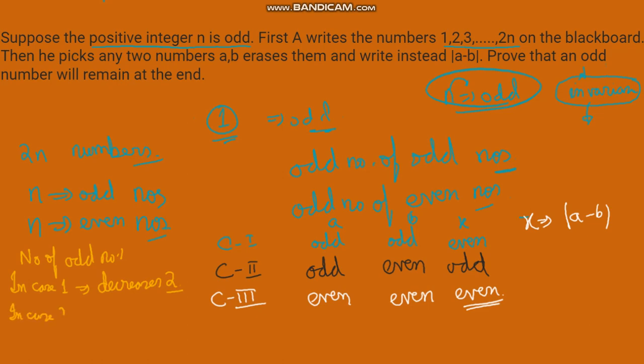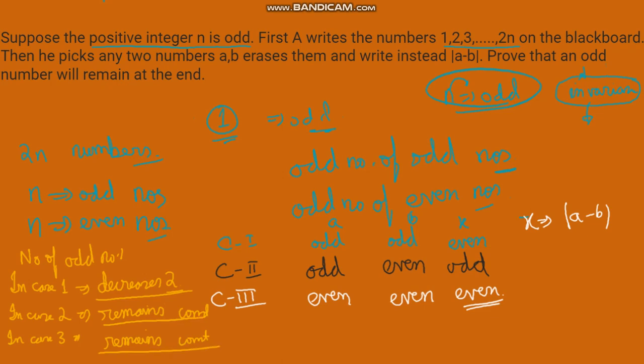In case 2, it remains constant. In case 3, it remains constant. Is it fine? We are removing two odd numbers and giving an even number, so the number of odd numbers decreases by 2. We are removing one number and adding one number, so it remains constant. We are not changing the odd count, so it remains constant.